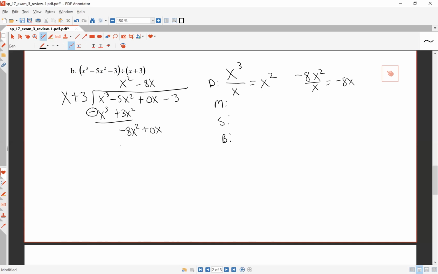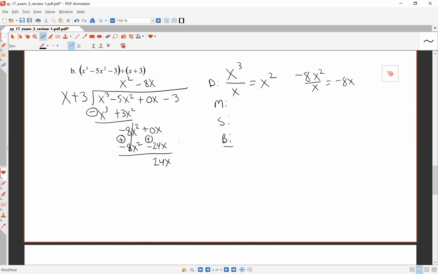Negative 8x times x is negative 8x squared, and negative 8x times 3 is negative 24x. Now we subtract by changing the signs. 0 plus 24x is 24x, and the x squareds cancel out.